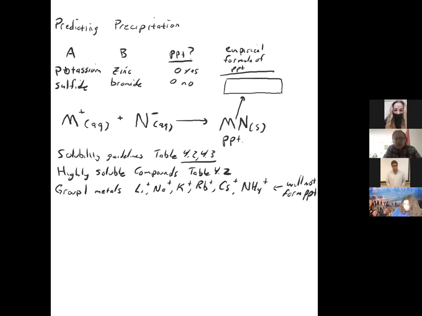So that's why formulations for drugs often have sodium salts or potassium salts. It's because they want it to dissolve. So how do you make something dissolve? You attach sodium to it. You attach potassium to it. That ensures that it will dissolve. You can't use lead.